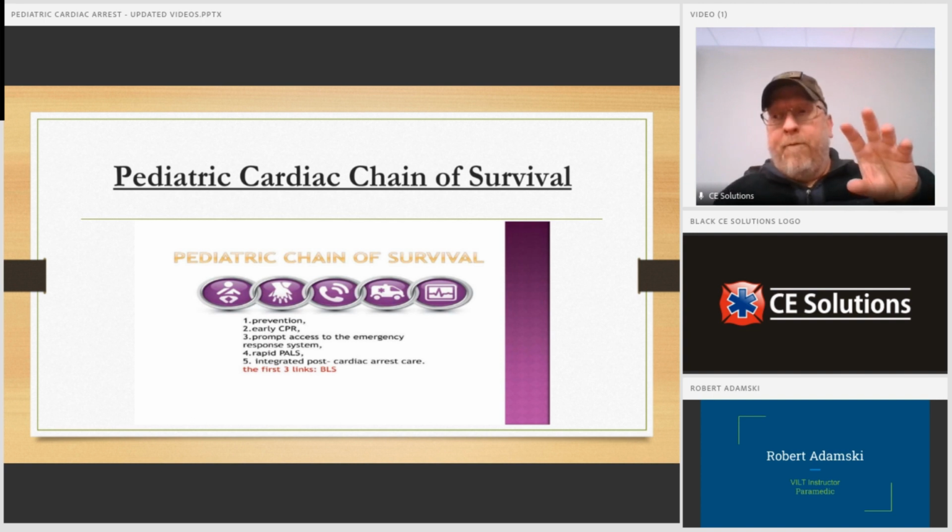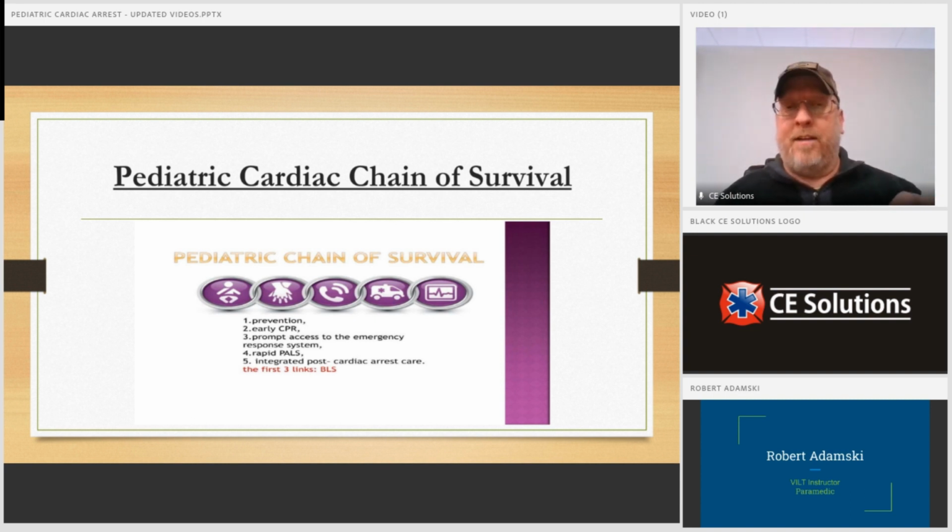So if we know that 75.8%, or just under 76%, of our pediatric patients go into cardiac arrest secondary to some sort of respiratory failure, then obviously if we can prevent those cases of respiratory failure, those patients will do much better. So for instance, we have those pediatric patients that drown.